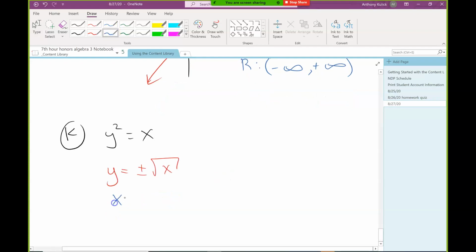For example, if I just pick x to be 1, that tells me that y has to be plus or minus 1. So that generates the points 1, 1, and 1, -1. So what can we say here? Not a function, right?